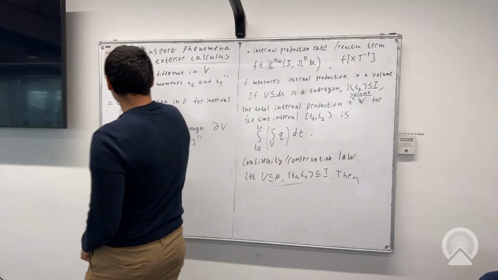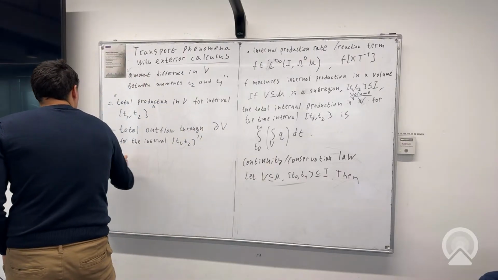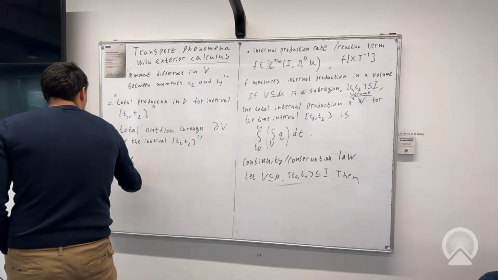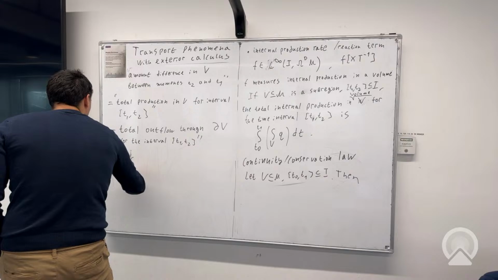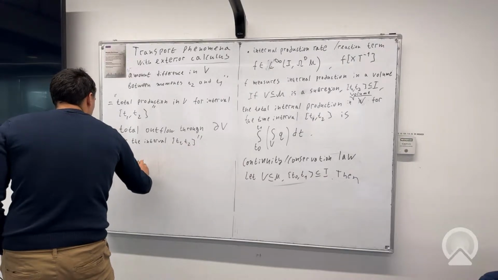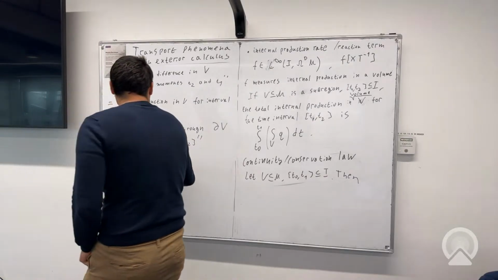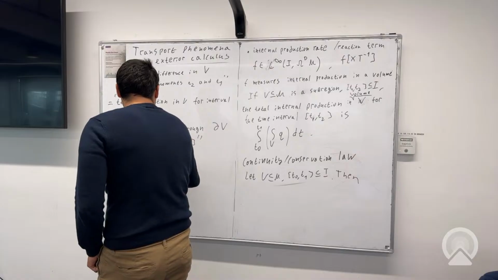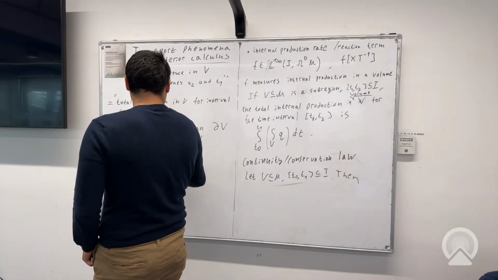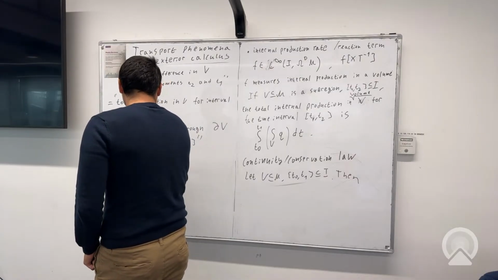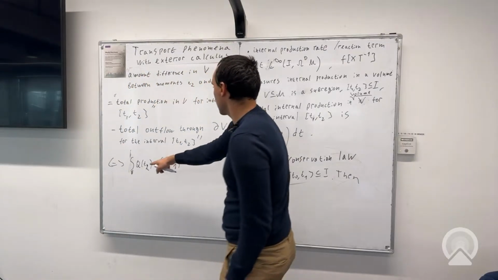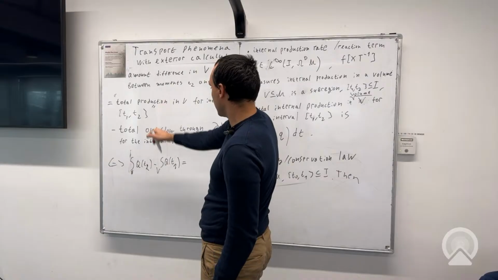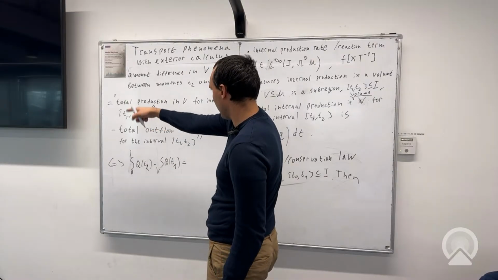This is in words, and this is the same as the integral over V of Q at T1 minus the integral over V of Q at T0. So this is the first term. The second is on the left side.